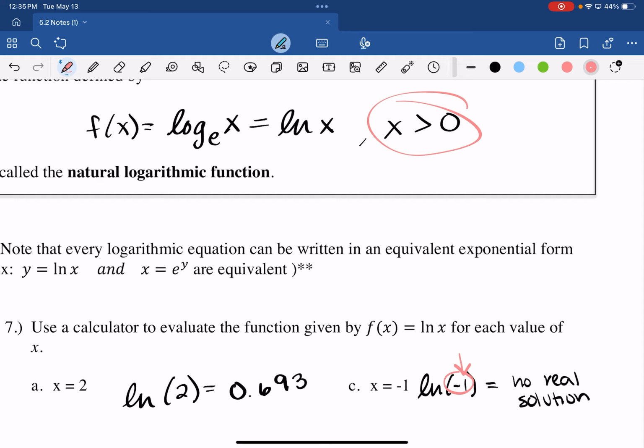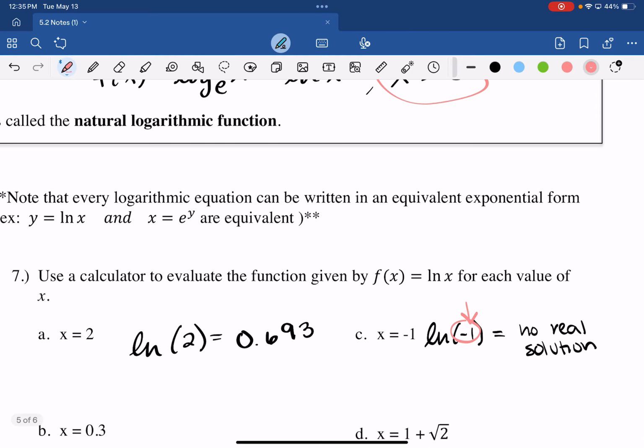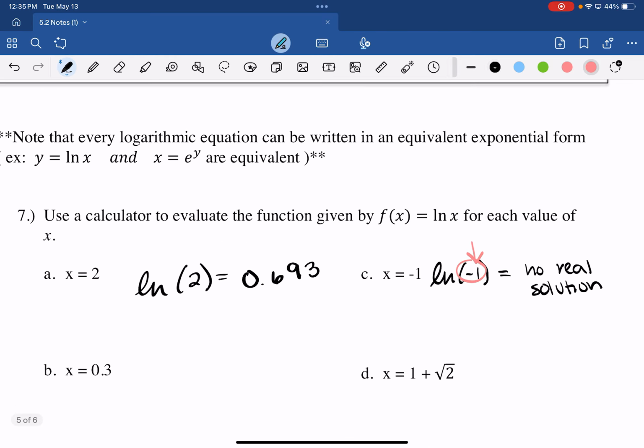We don't want negative numbers. They don't exist on my logarithmic function graph. Natural log of 0.3, we would get negative 1.204. Everyone okay up to this point? We're okay typing it in.